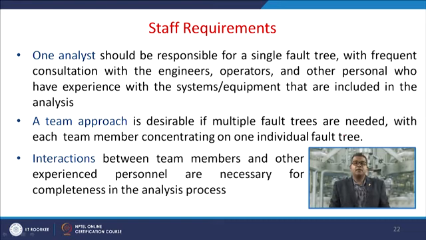The other requirements may include staff requirements. Under the staff requirement, one analyst should be responsible for a single fault tree, with frequent consultation with the engineers, operators and other persons who have experience with the system or any kind of equipment involved in the process that is included in the analysis.